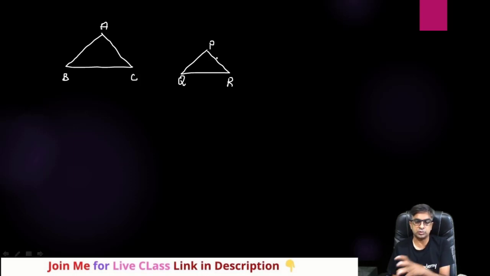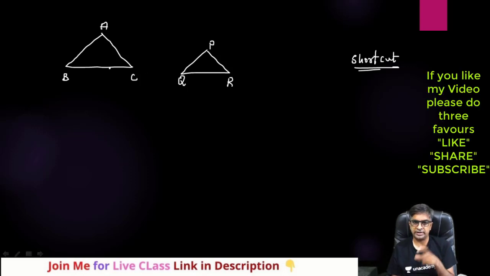So 6 things you need to find out, but mathematicians have found a few shortcut rules where you need to find just 3 things out of these 6, and you can say the figures are similar. Similar to congruence of triangles, where we know the 5 rules, with 3 things you can make 2 triangles congruent. Here also with 3 things you can make these 2 triangles similar.